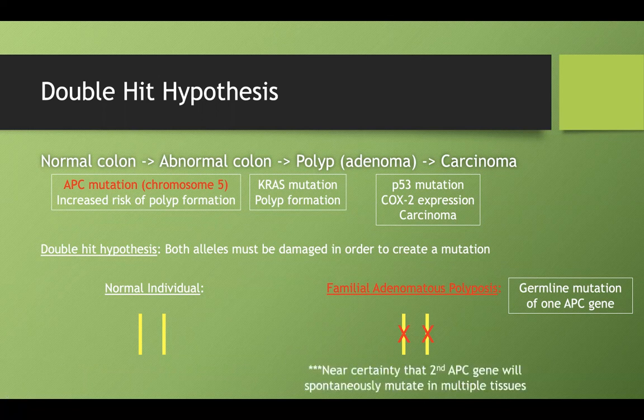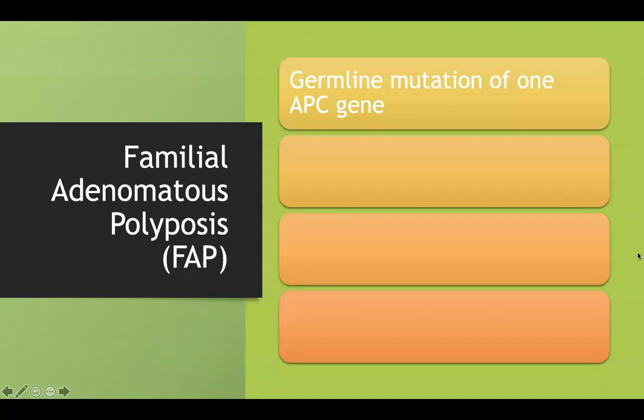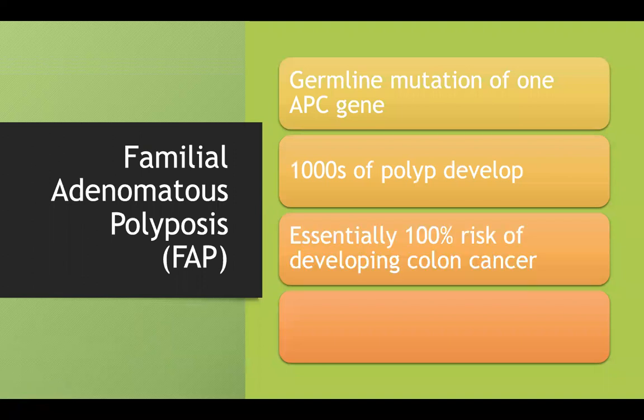So that's why in these hereditary conditions where you already lose one of your APC genes, you're at super high risk of progressing to cancer. In fact, in FAP, the risk is so high that you'll get thousands of polyps developing, and you basically have 100% chance of getting colon cancer, just because of that one germline mutation.